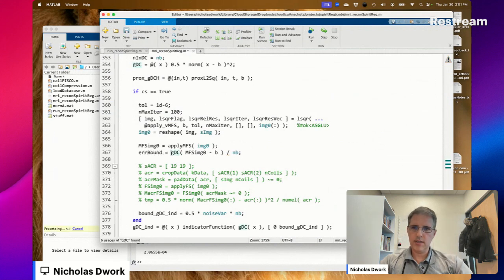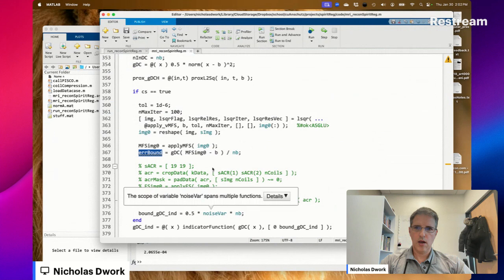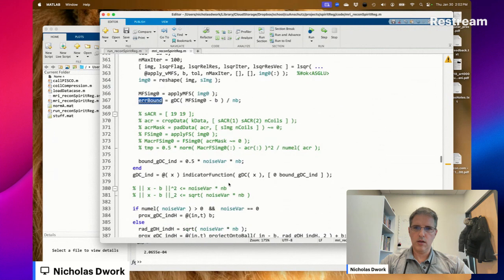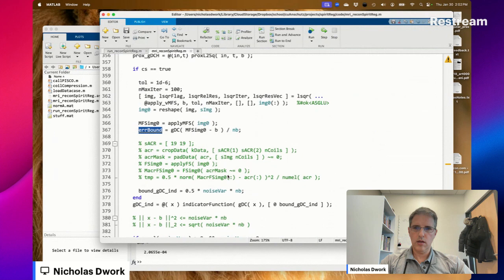Error bound is equal to that. Huh. We're dividing by NB and multiplying by NB. And there's no reason to believe that this is Gaussian.